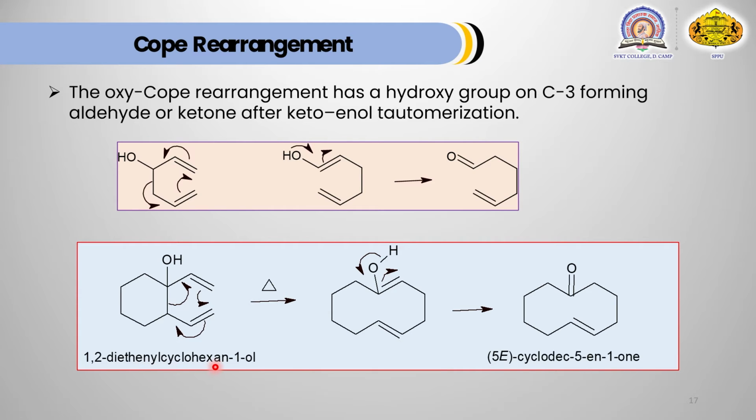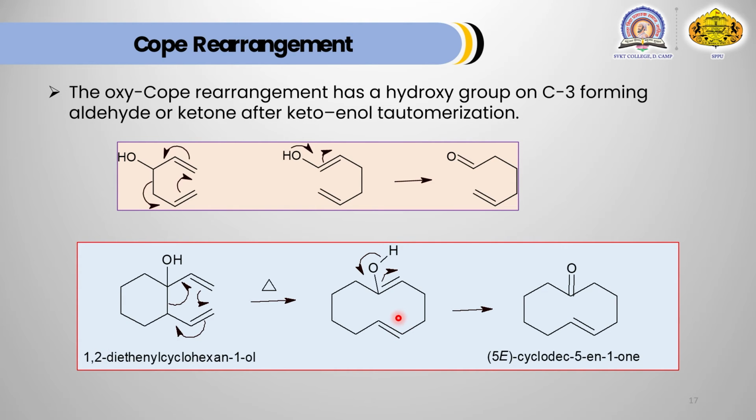1,2-diethyl cyclohexan-1-ol is the name of this compound. The hydroxyl group is present at the third position with respect to this 1, 2, 3. Similarly, movement of pi bond as well as sigma bond takes place when this substrate molecule is heated.